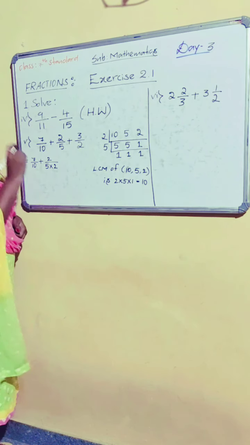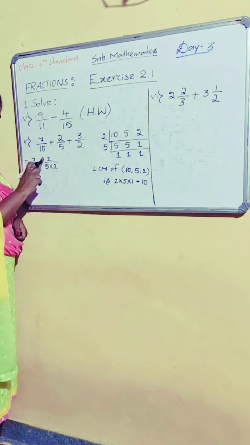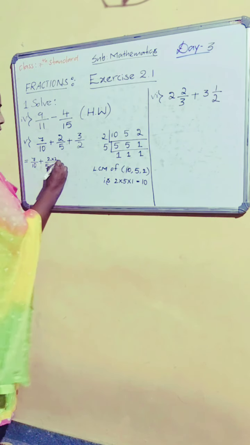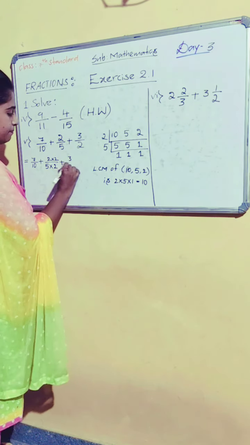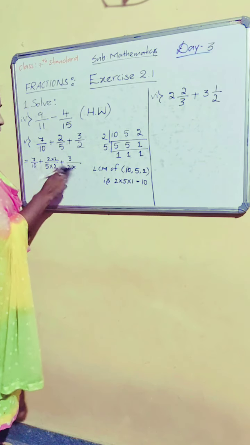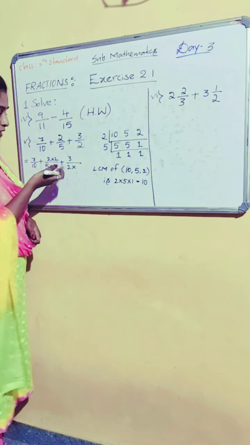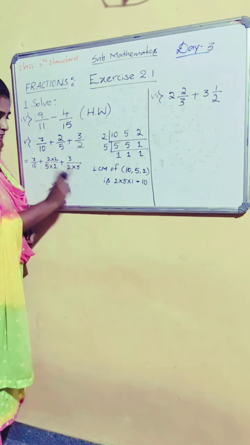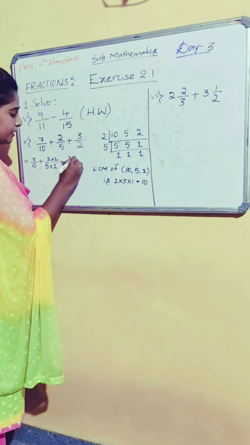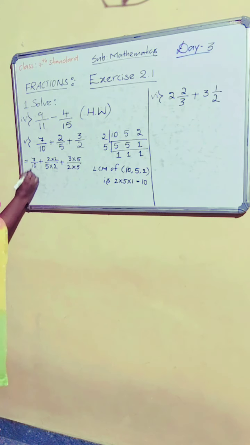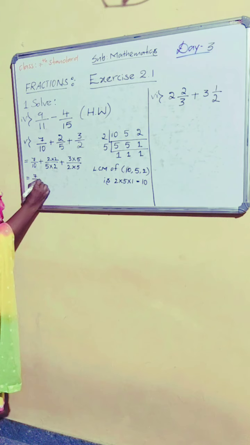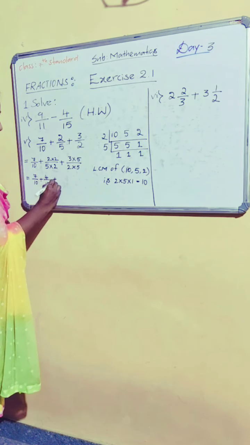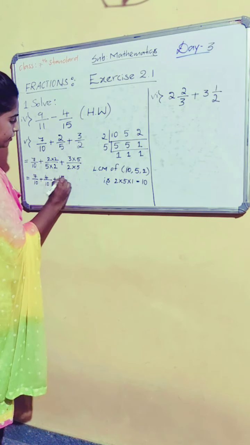By 2. If I multiply 2 to the denominator, the same number should be multiplied to the numerator. That is why I am multiplying with 2, plus 3 by, so 2 into how many times will get 10? That is 5 times. Since I have multiplied 5 with the 2, the same number should be multiplied to the numerator.